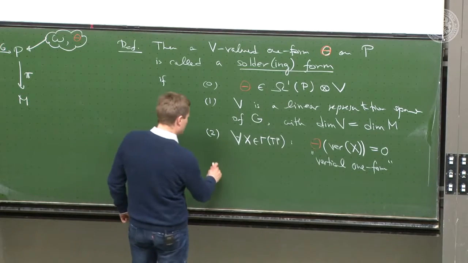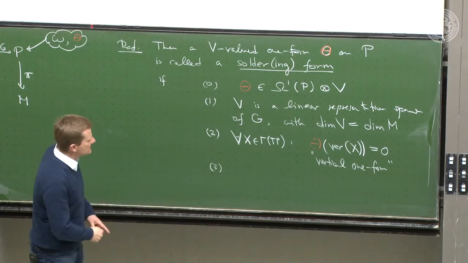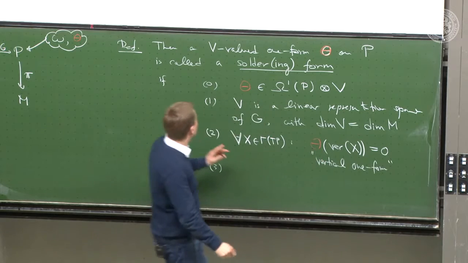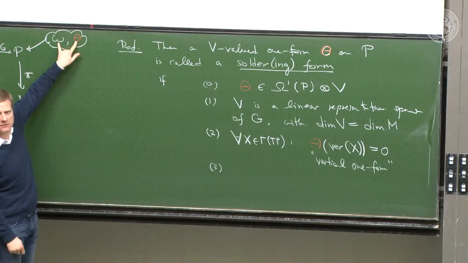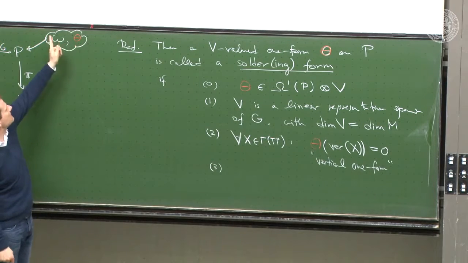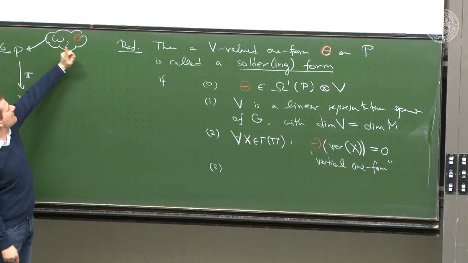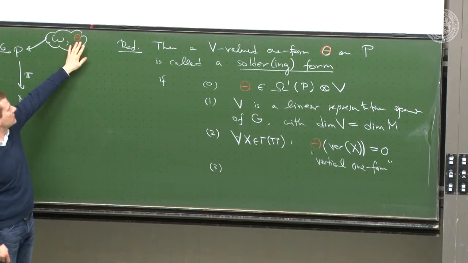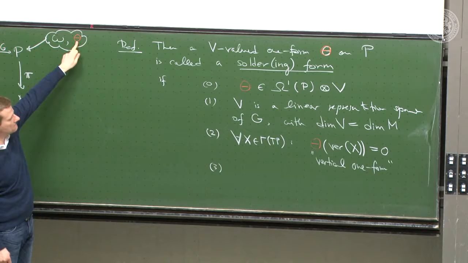The third condition is, and you see this is in stark contrast to the connection one form. So they're both one forms on the total space. This is Lie algebra valued, but this is linear representation space valued of this Lie algebra, different destination, okay?